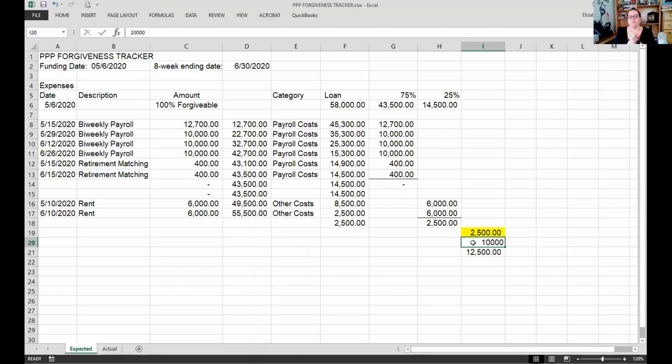So if you had 20 people, the max you could get on this was 10,000. If you had one person, the max you could get is 1,000. So there was a little bit of confusion where it said, okay, everybody's going to get $10,000 free. Really, it's not really the case.